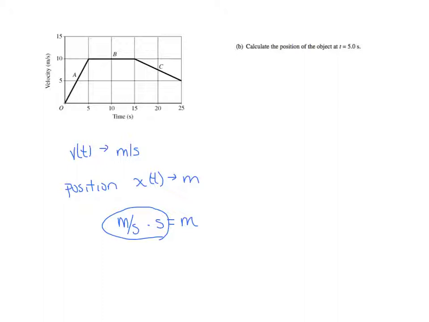Initially, the position of the particle at t equals 0 is 0 meters. So really, we're just finding what is happening up to 5 seconds. So up to 5 seconds is right here, and we're finding the area under the graph up to that time. So looking at that, we have the area of a triangle, which is going to be 1/2 base times height.